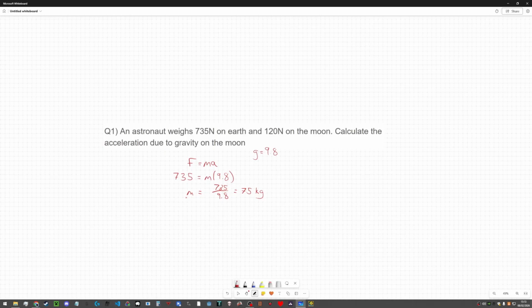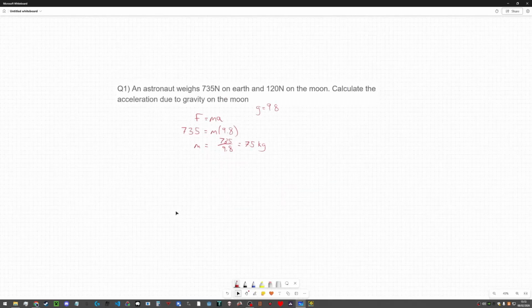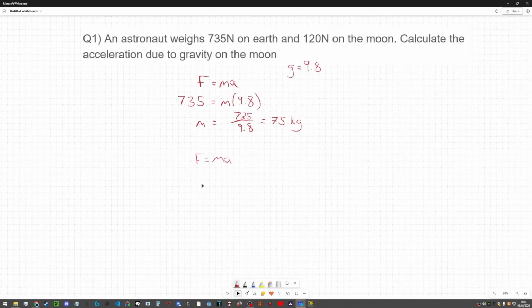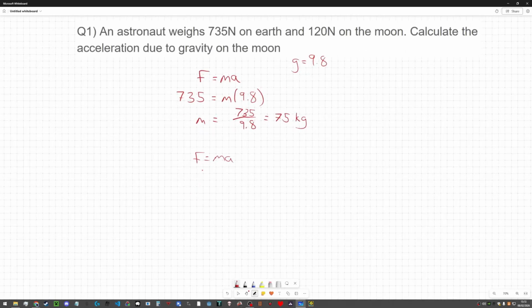We can then look at the moon section, where we can use F equals ma again. We know that the force on the moon is 120 newtons, and this will be equal to our mass times the acceleration due to gravity on the moon, which is what we're trying to calculate.